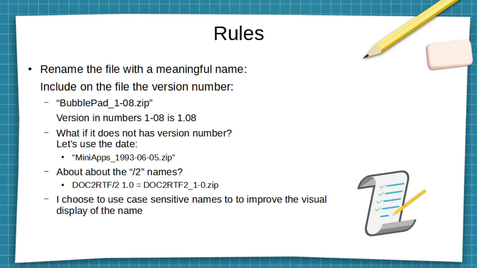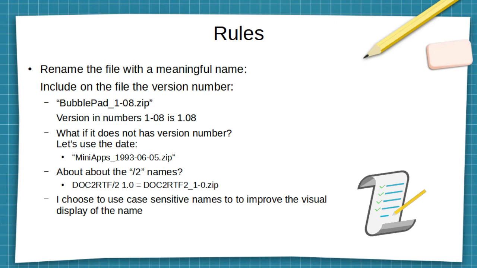So 1-08 is 1.08, and if I don't have the version number, I will put the date. Yeah, it's a longer file name, but at first sight it will give you the date, and you will know when it was updated and if it's newer than the one that you are using.